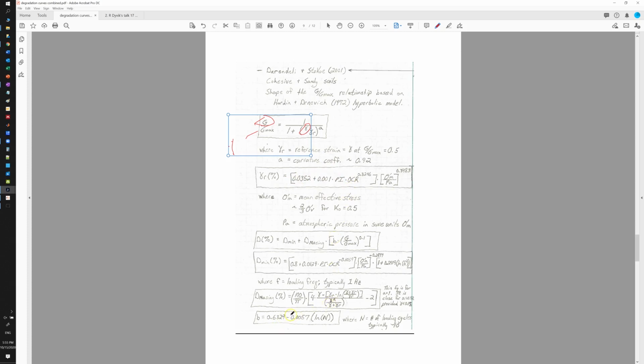And the b again is the curve fitting parameter, depends on the number of loading cycles you're looking at. So this is a very good empirical model. It's a Terzaghi award type of model that people feel comfortable to use.